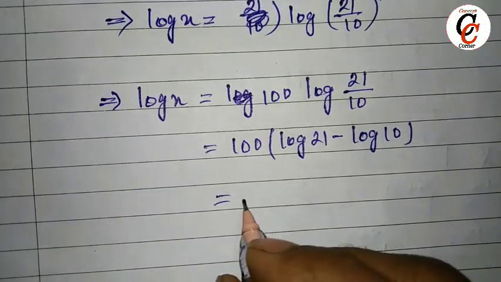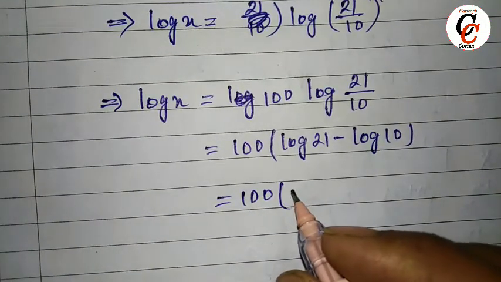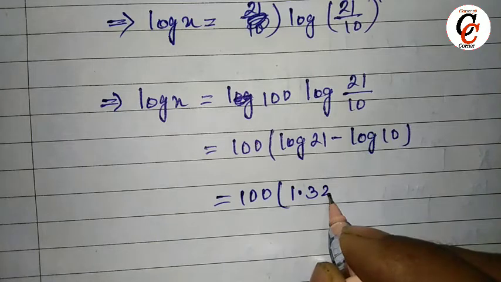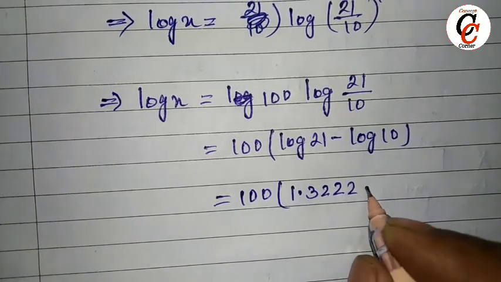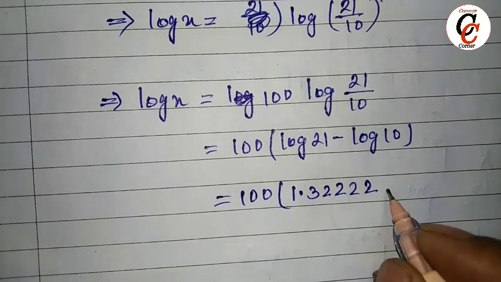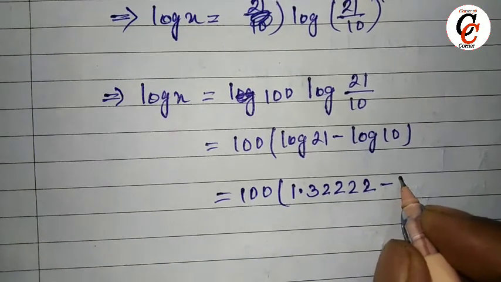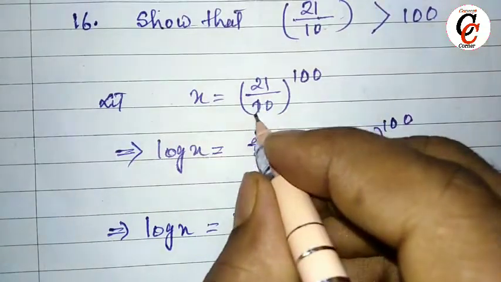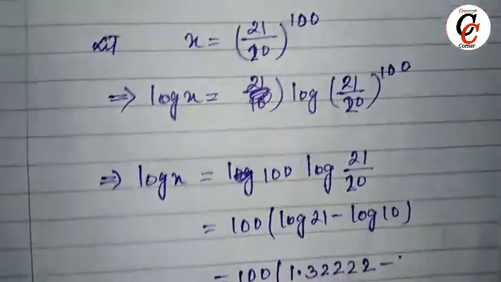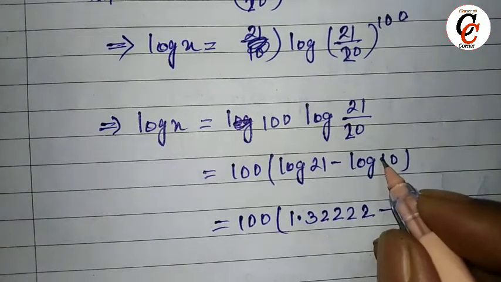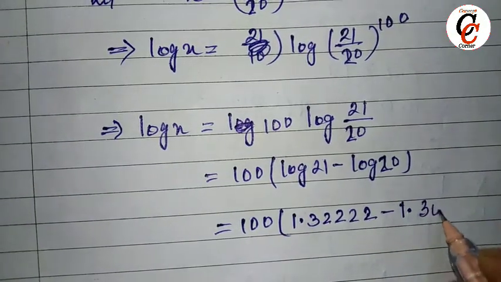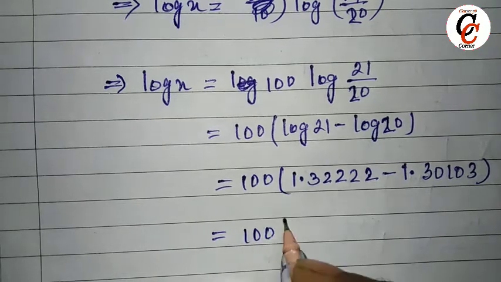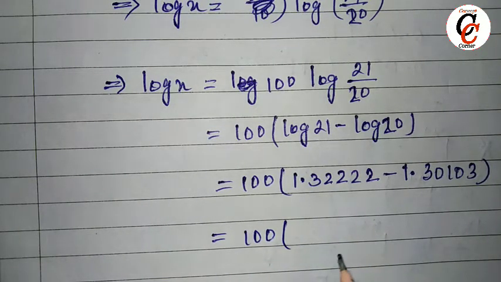Log of 10 we know is 1, and the value of log of 21 is 1.3222 minus log of, it is not 10, it is 20. So log of 20 means 1.30103.